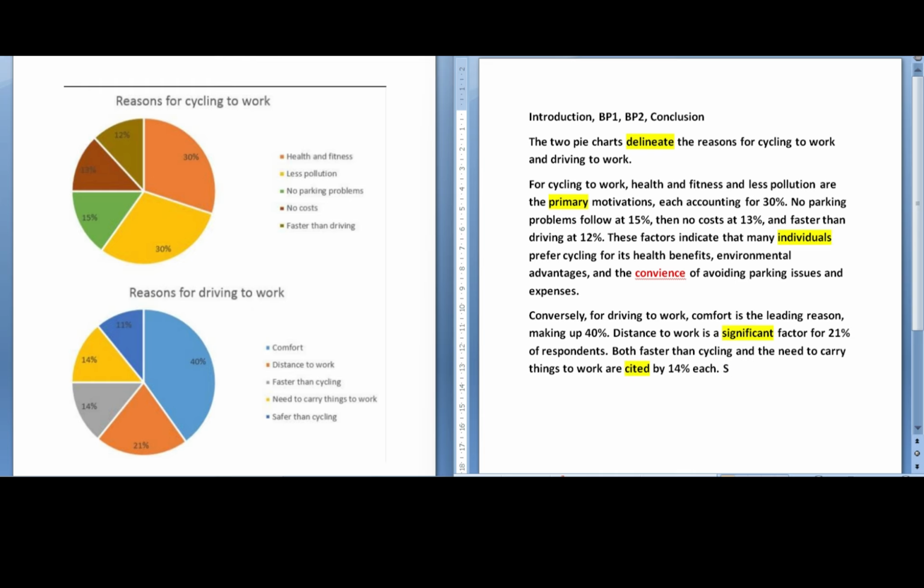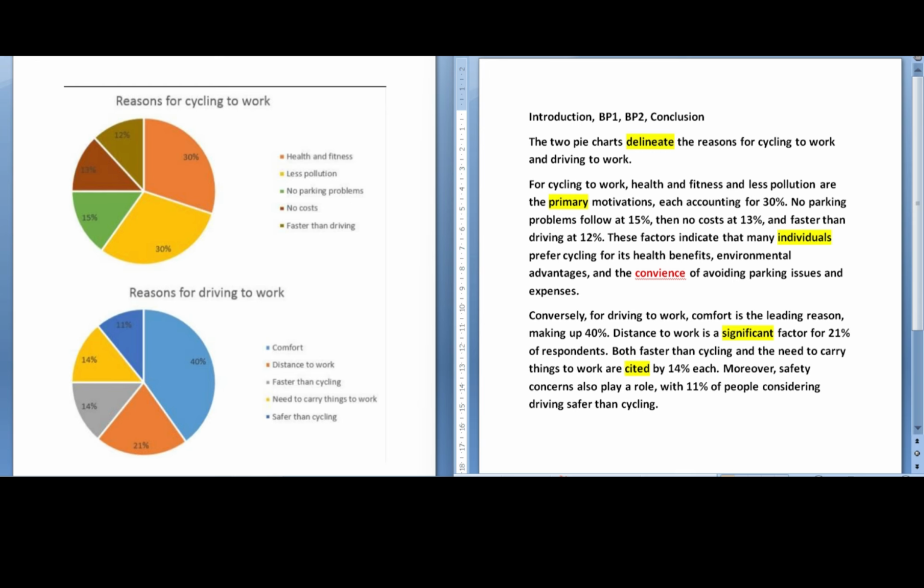Okay. Now, moreover, moreover is a connector that you can use. Safety concerns also play a role with 11% of people considering driving safer than cycling.